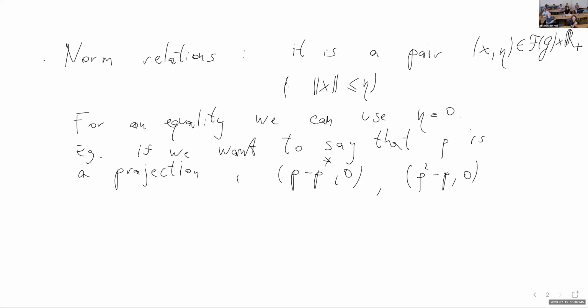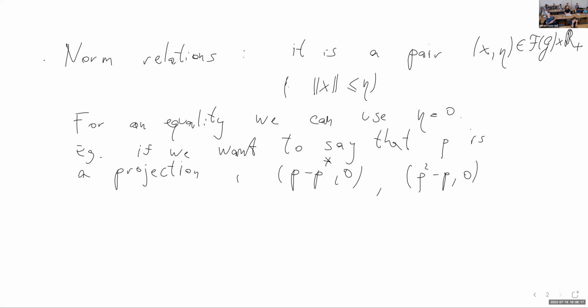So if you want an equality, which is usually how relations are presented, we can always add the 0. But this is more general than that. I'm going to give an example later, which appears in Alma's mini course, which is the continuous functions on the closed disk, where we needed not only a normal element, but we needed to bound the norm of this normal element by 1.